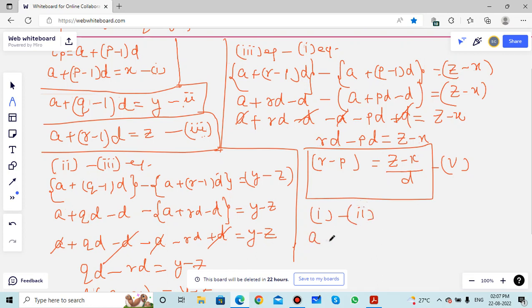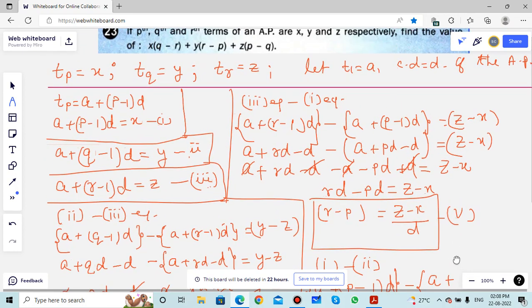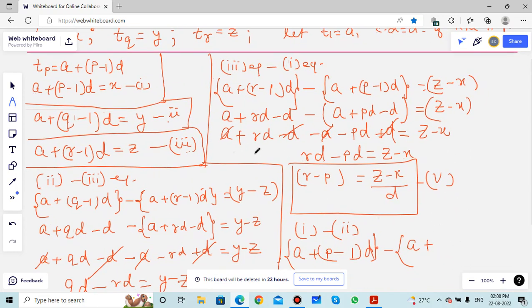A plus (p minus 1) d minus (a plus, we need p minus q, so second equation is (q minus 1) times d), and that is equal to what? First is x, second is y. So x minus y.